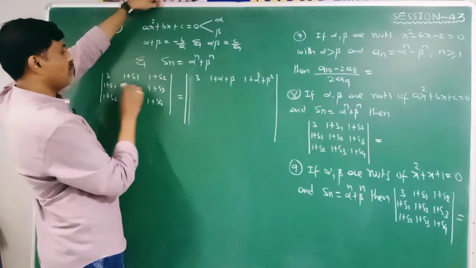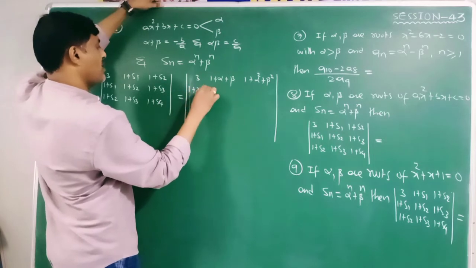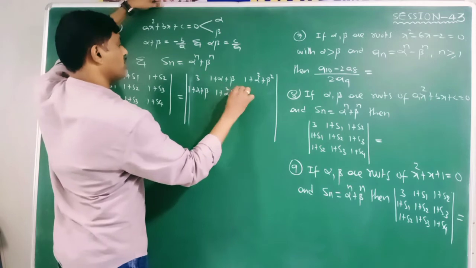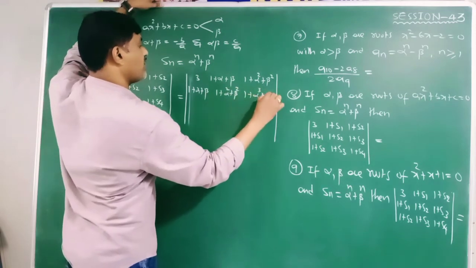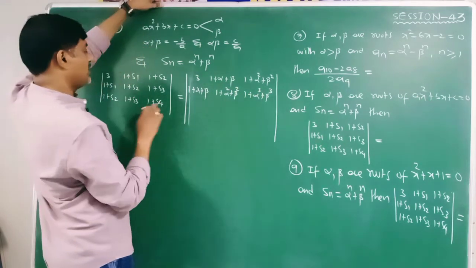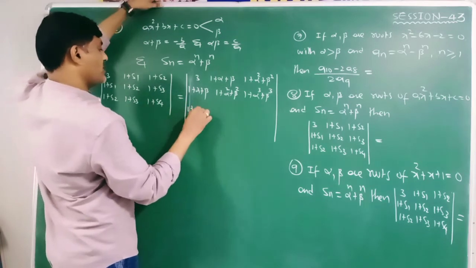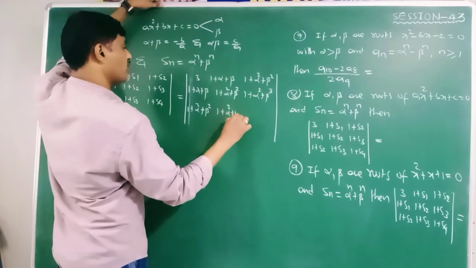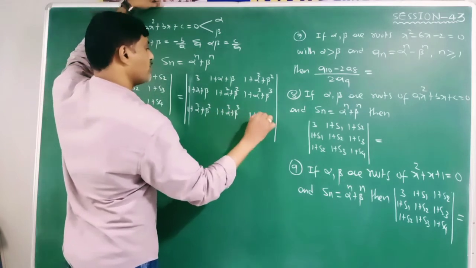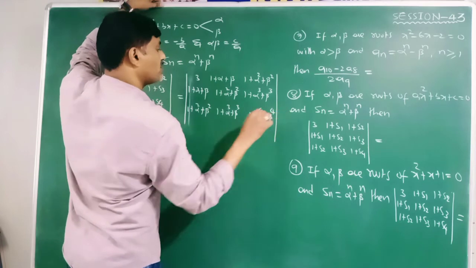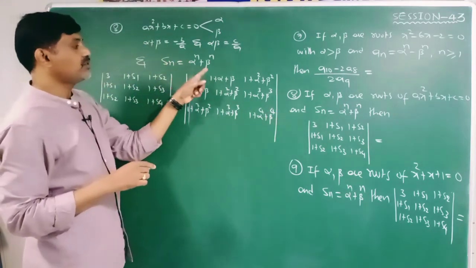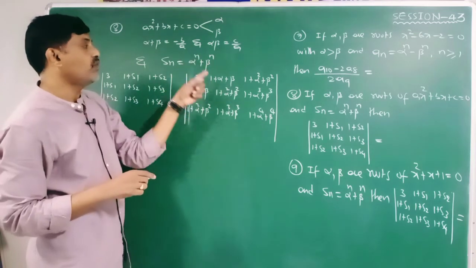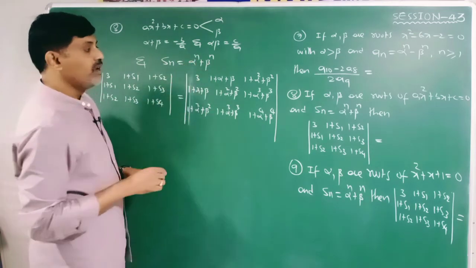So 1 plus s1 is 1 plus alpha plus beta, 1 plus s3 is 1 plus alpha cube plus beta cube, and 1 plus s4 is 1 plus alpha power 4 plus beta power 4. S4 is alpha power 4 plus beta power 4, and S1 is simply alpha plus beta.